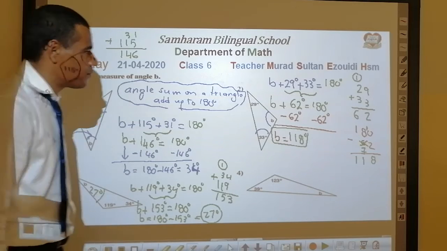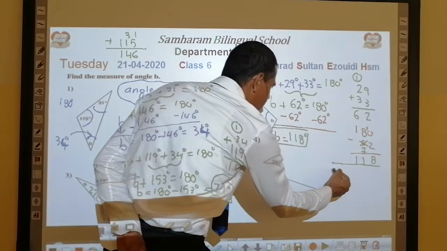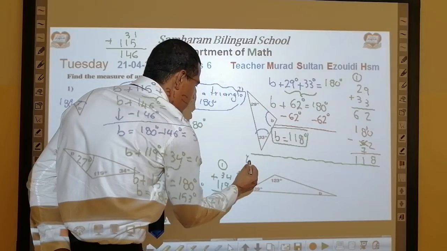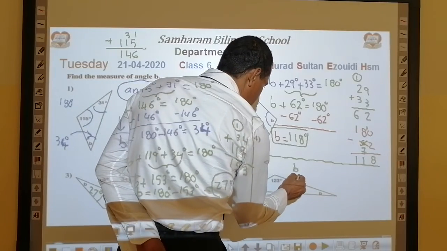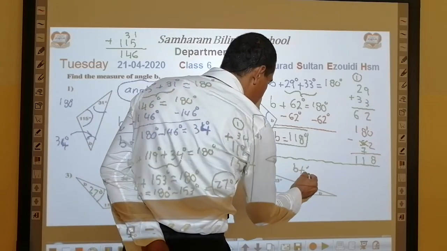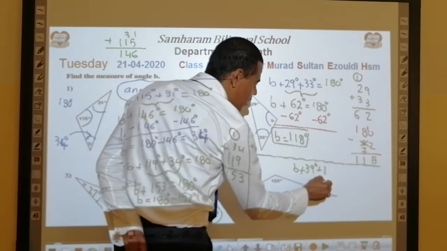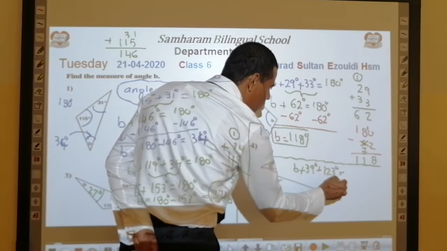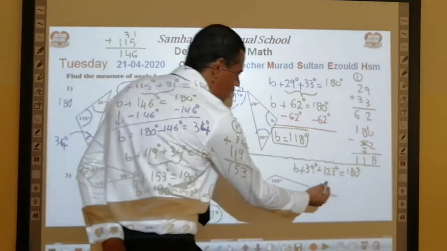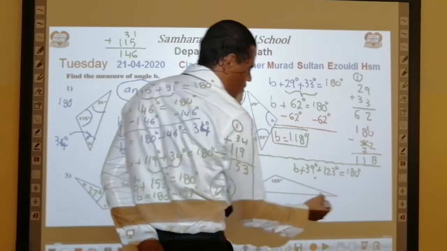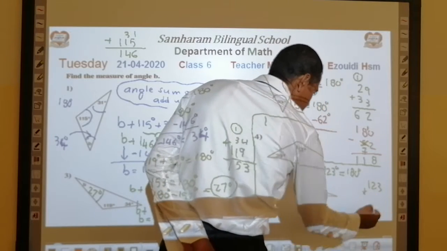Okay, the next. Here we have what? We have B plus 39 plus 123 equal 180 degrees. Okay. I will just add all of this. We have 123 plus 39.